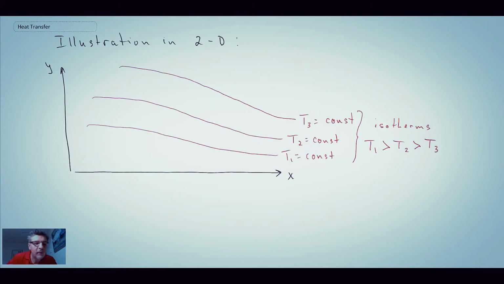If we were to take this field and compute the gradient of this field, we would get lines that we call gradient lines. I'll sketch those on, and the gradient lines are going to be perpendicular to the isotherm lines.